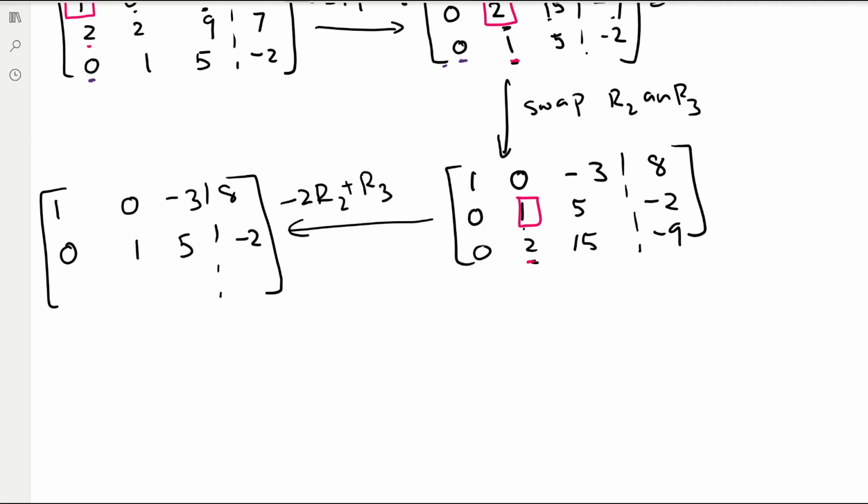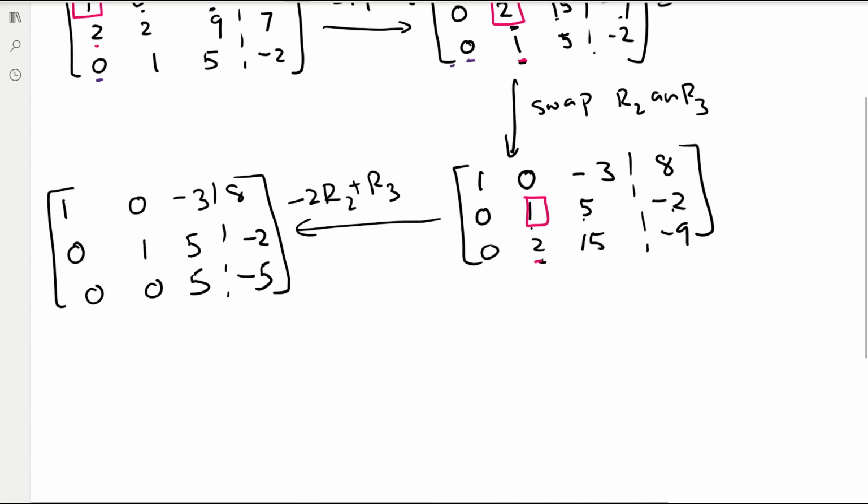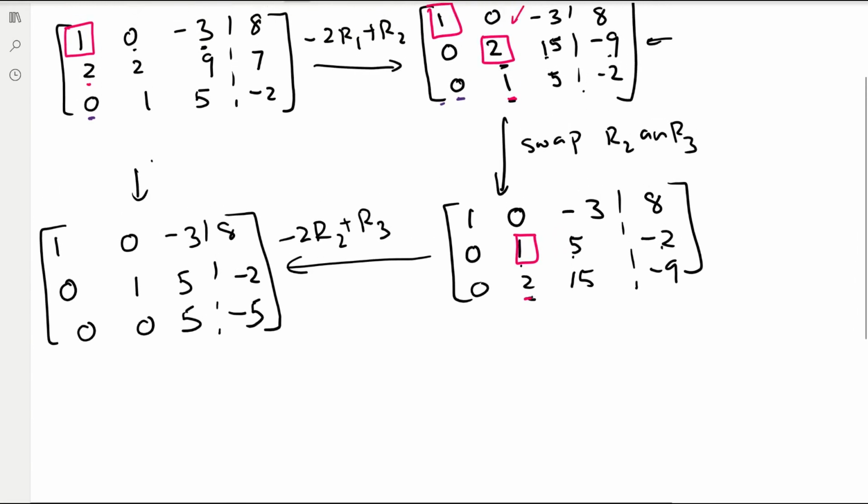So -2 plus 2 is 0. 5 times -2 is -10 plus 15 is 5. -2 times -2 is 4. 4 plus -9 is -5. Okay, so now we have the row echelon form.